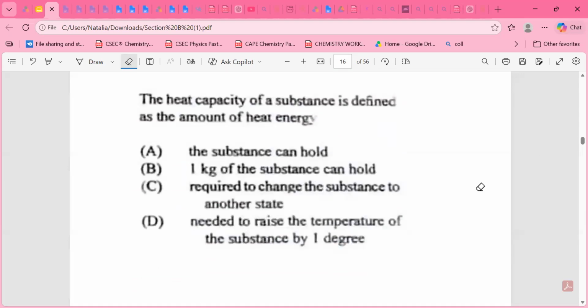The heat capacity of a substance is defined as the amount of heat energy. C is equal to the heat energy over delta T. What's the answer?